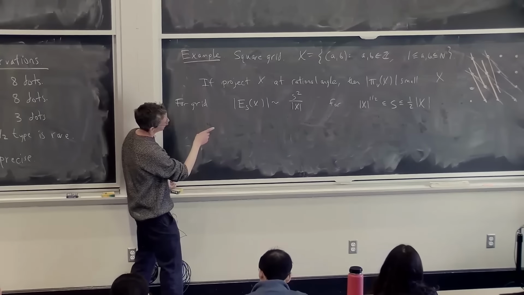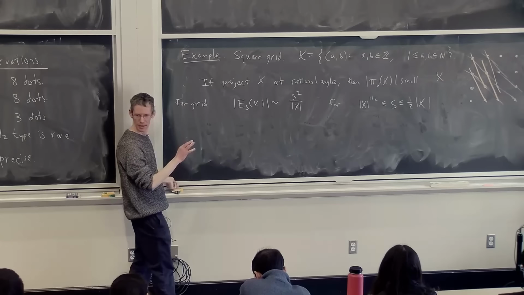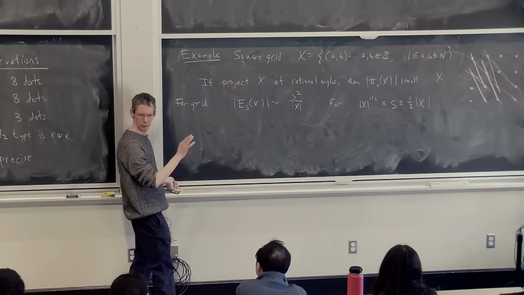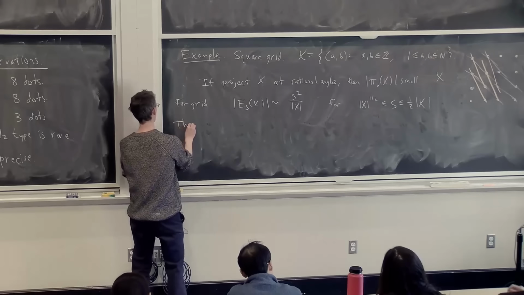OK. Erdős did basically this computation in the 1960s. And he made a conjecture that the grid is the shape that makes these the biggest. He said it in slightly different language, but his conjecture implied that the grid is the configuration that makes these sets the largest. And that turned out to be true, and it was proven in the early 80s by Szemerédi and Trotter.